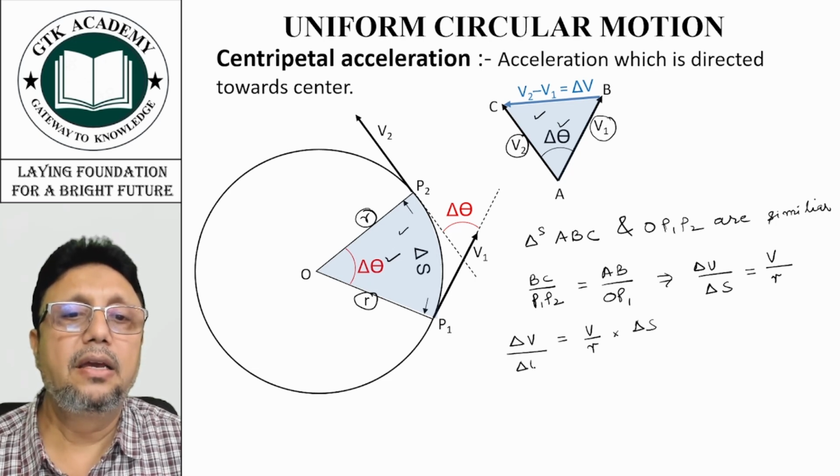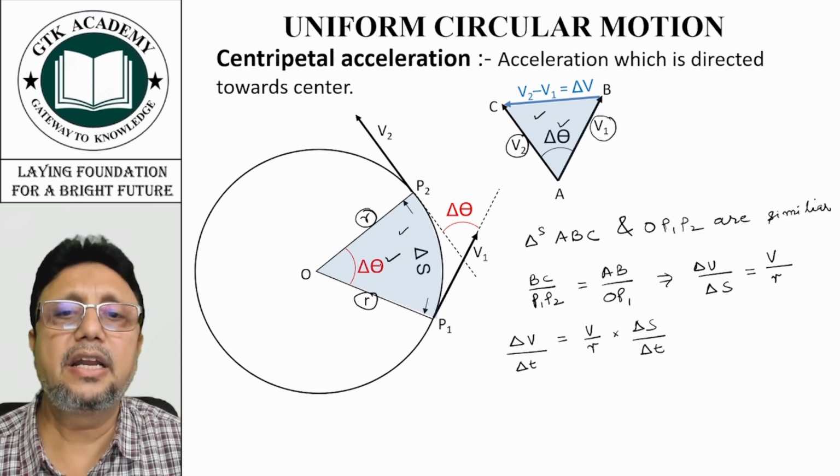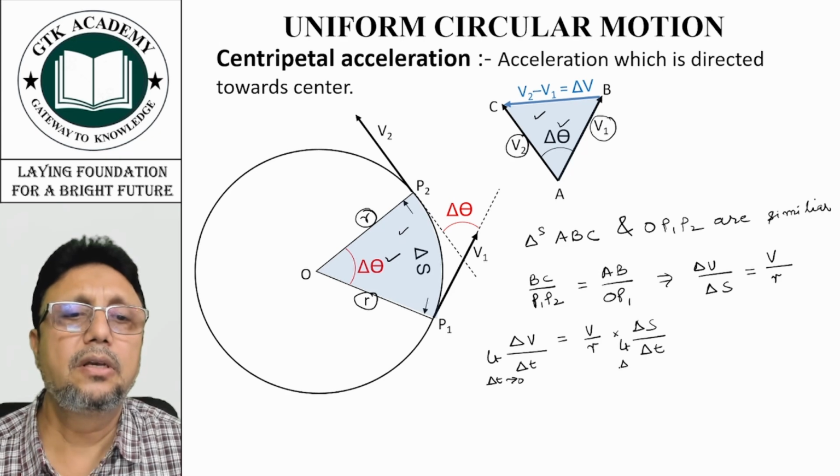Divide by delta T. Now, since delta theta is extremely small, tending to 0, that means delta t also tends to 0, taking the limits on both sides.